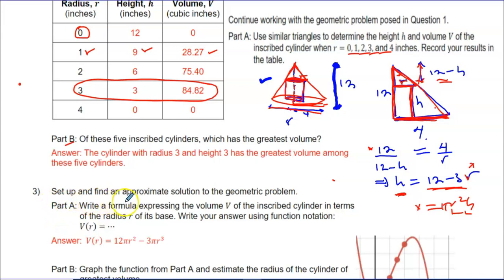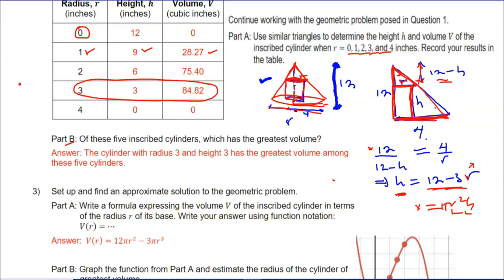Number 3, set up and find an approximate solution to the geometric problem. Write a formula expressing the volume V of the inscribed cylinder in terms of the radius r of its base. Write your answer using function notation.